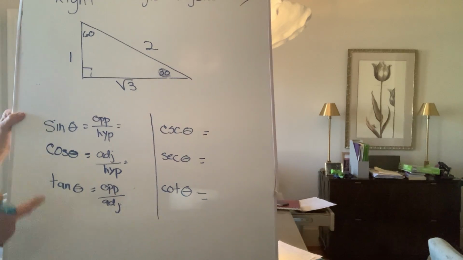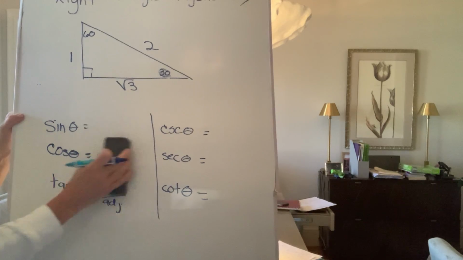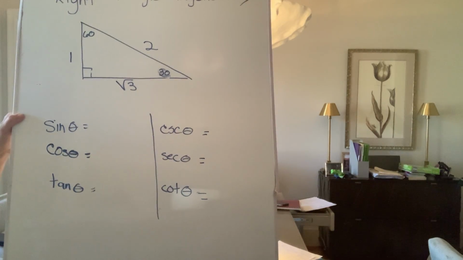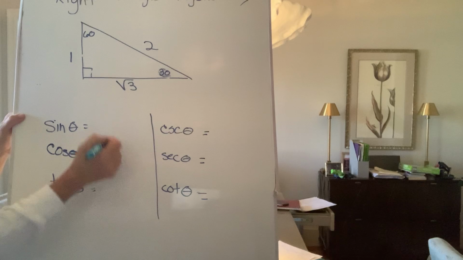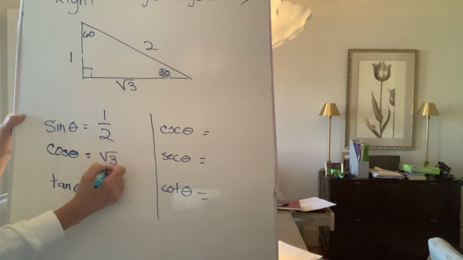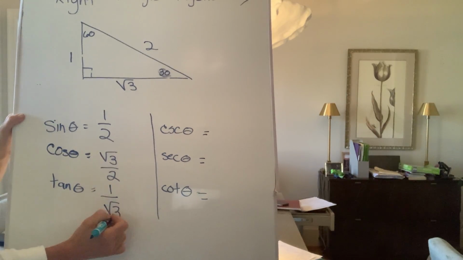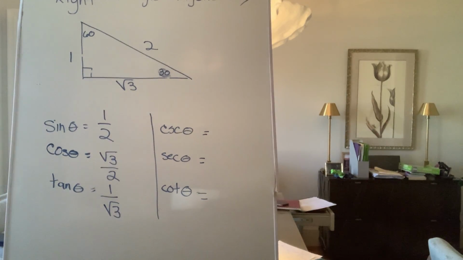If I was going to calculate the sine, cosine, and tangent, sine being opposite over hypotenuse would be 1/2, cosine would be square root of 3 over 2, and tangent would be 1 over square root of 3.